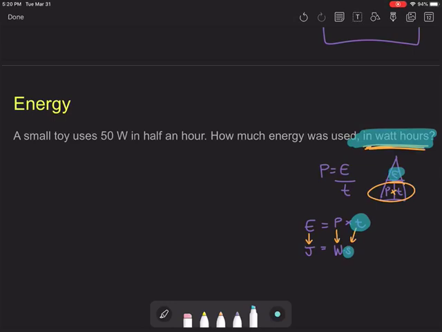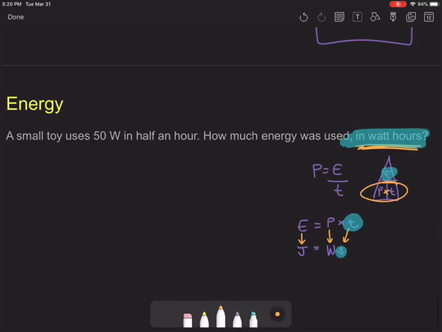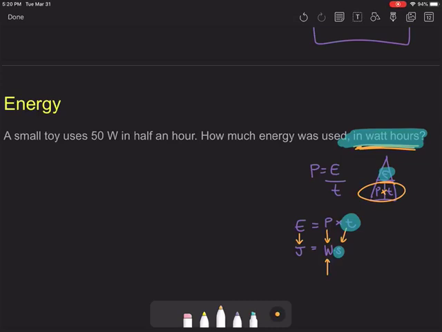But just bear with me for now. So what we want to do is we want to have our units for power in watts, and we want to have our units for time in hours, so that our units for energy can be watt hours.